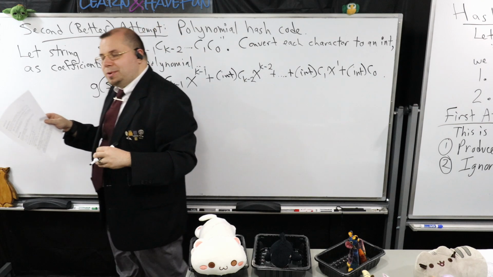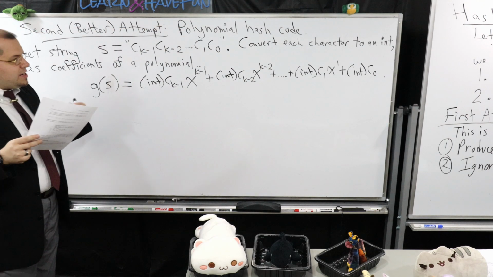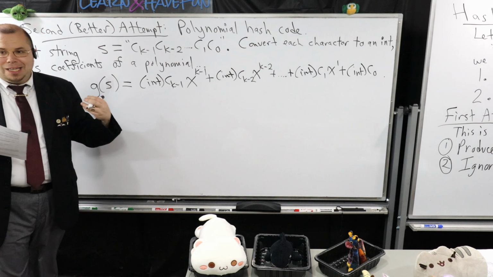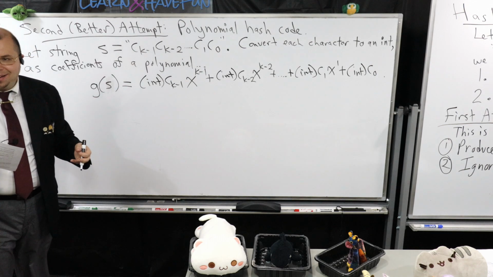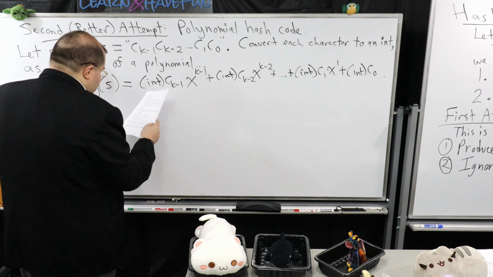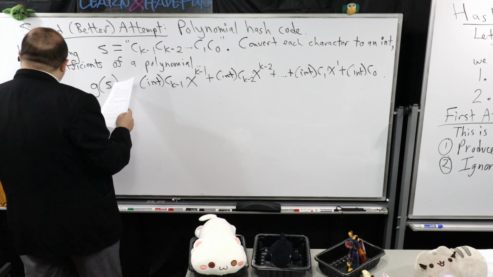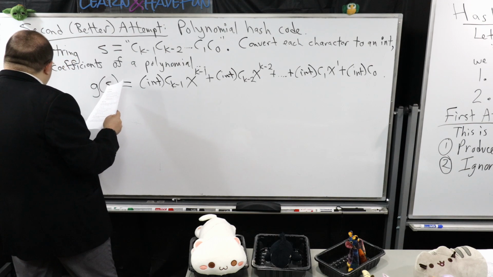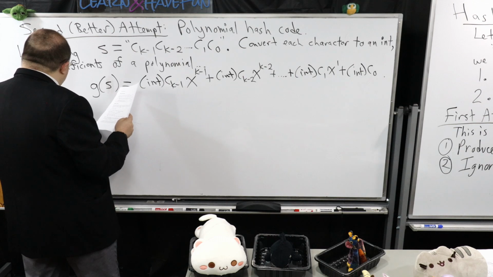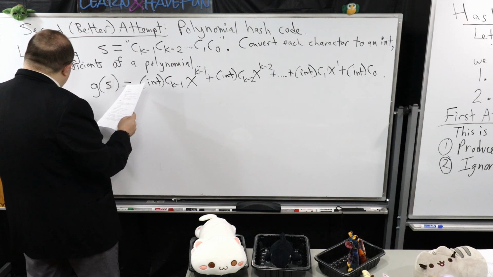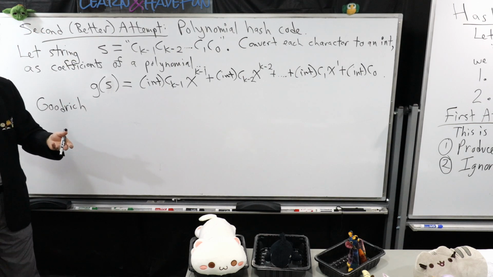Now, I haven't told you what x is yet. I'm going to give you a source for reliable values to use for x on an English dictionary. You know how there's the optional text in the course outline?